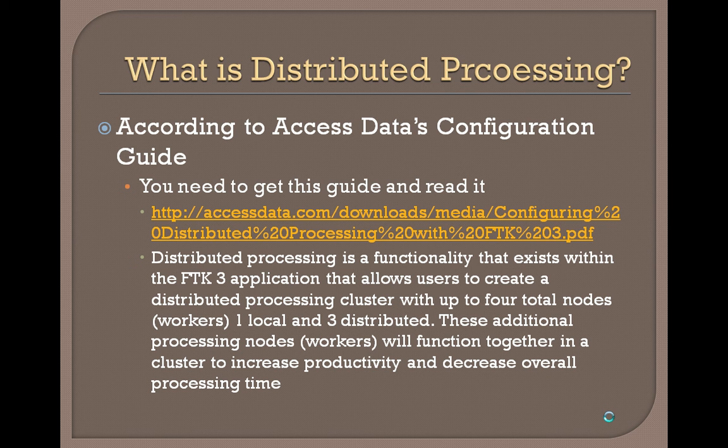So in other words, instead of processing the case on one computer, it allows you to pull in other computers to help it do the processing. As you know, if you've gotten to this point, processing a case can be very time consuming, and this allows us to split that functionality out and remove the bottlenecks that are present with one system and spread it across many systems. So basically, it's a many-to-one kind of a thing.